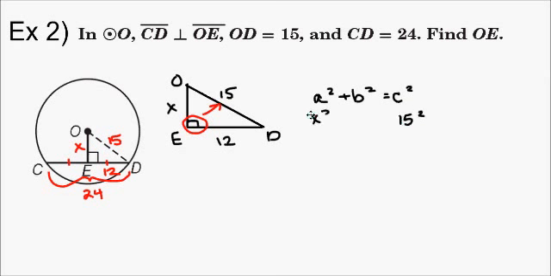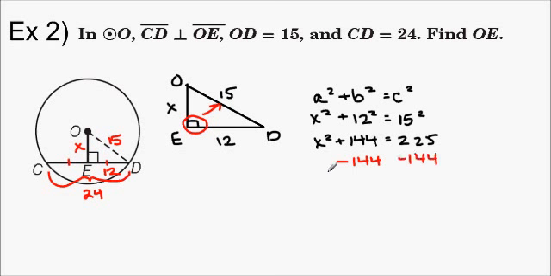So then I have x squared and 12 squared on the other side. Okay, so x squared is going to stay like that. 12 squared is 144, and 15 squared is 225. Now to solve for x, I need to subtract 144 from both sides.